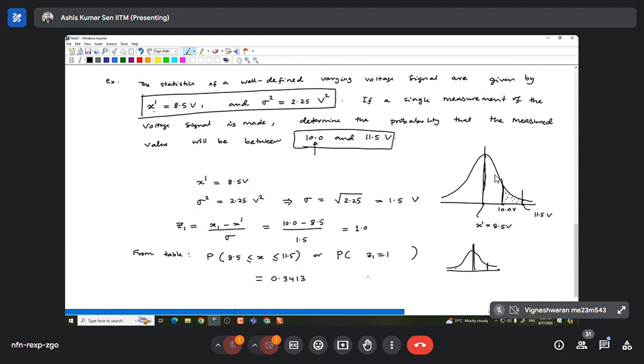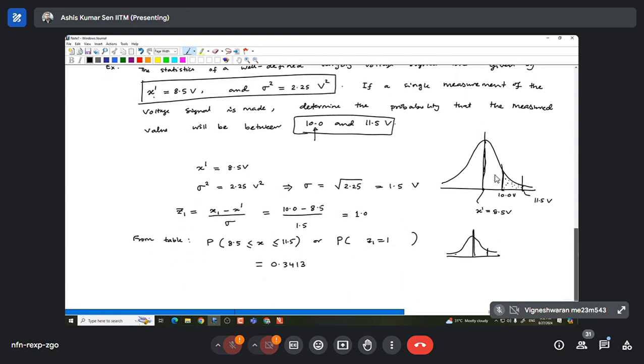This is the probability that the data is going to lie between 8.5 and 10.0, not 11.5. That means this area between these two lines.